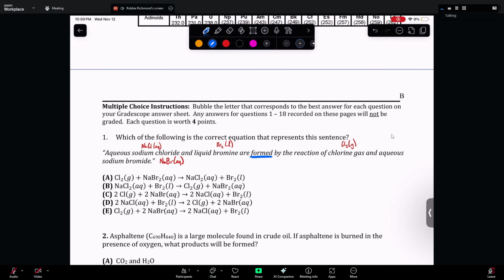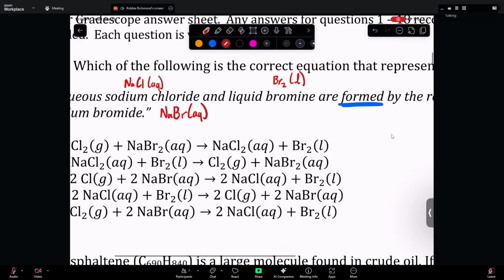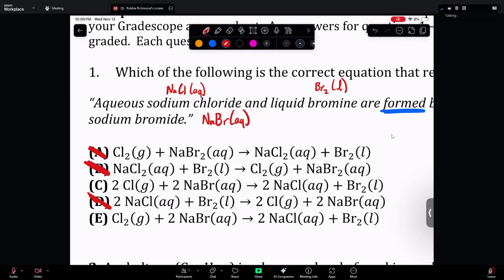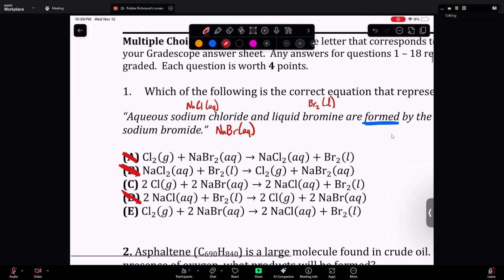So these are going to be our products. If I see these products on the reactant side, that is immediately wrong. So answer choices B and D are wrong. And furthermore, I'm looking at the formula for these. NaCl and NaCl2 are not consistent, so also answer choice A is incorrect.